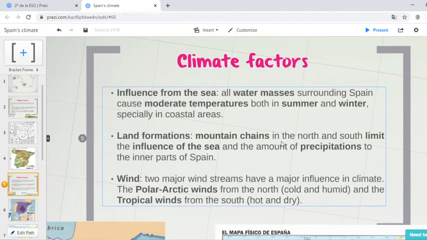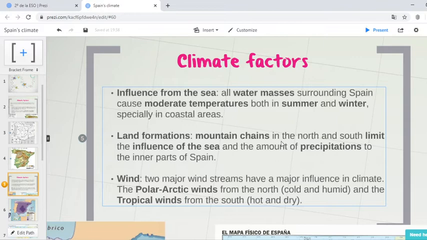Another major one is the influence from the sea. As you remember, I'm sure of it, having water masses pretty close to an emerged area causes temperatures to be moderate. It means that in summer temperatures are not as high as they should be, and it follows the opposite direction in winter.